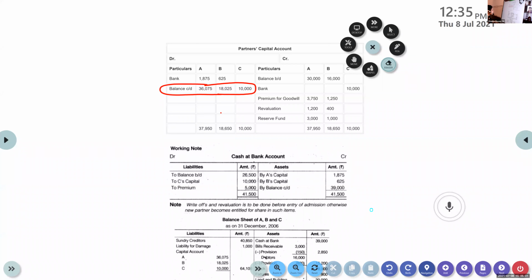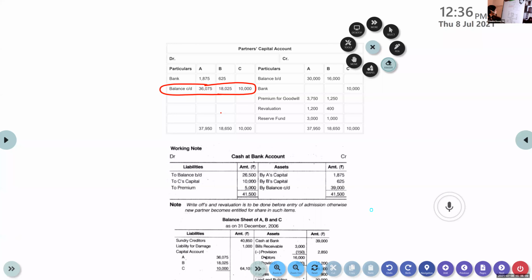You can see the cash account on the debit side. To balance brought down, the cash account will have a debit balance. So balance brought down, 26,500. 26,500 is the amount in the old balance sheet. With that, we add the capital of the new partner. What is the capital of the new partner? 10,000.